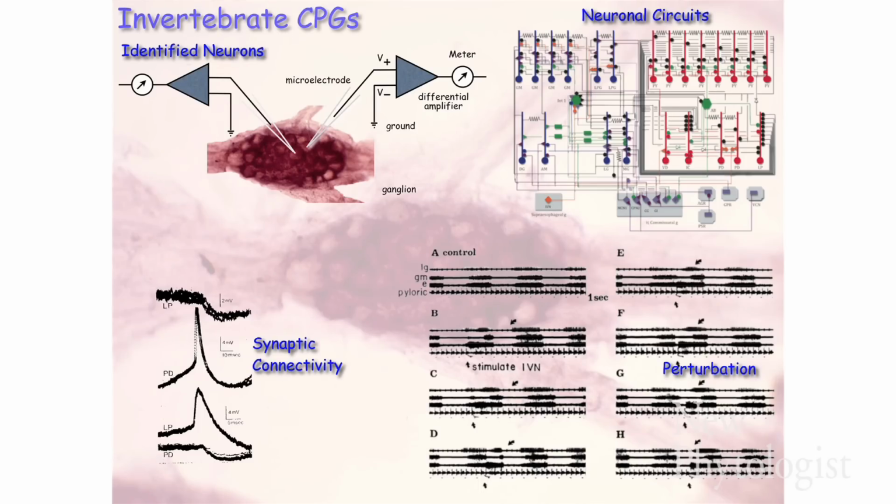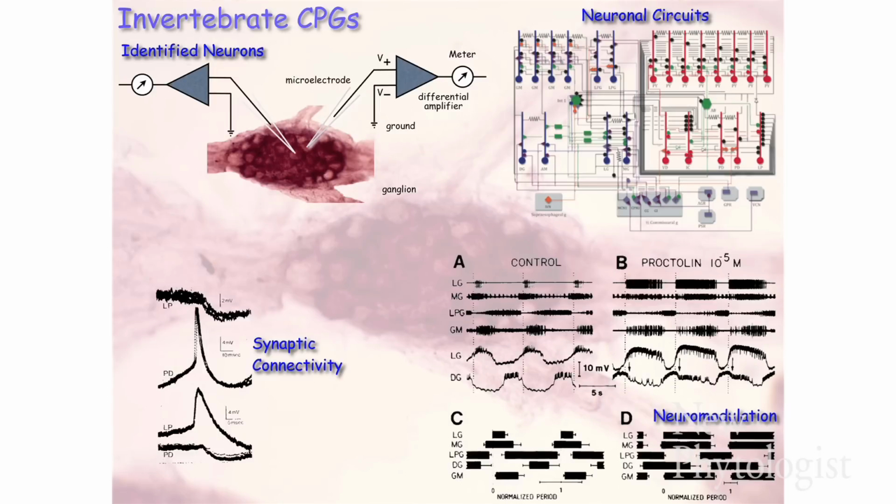Now, we are able to do multiple intracellular recordings from these neurons, do ionic substitutions, do perturbation experiments where we stimulate with inputs at different phases in the rhythm, and finally do experiments with what are called neuromodulators. And right now there are about 130 known compounds which not only alter the properties of individual neurons, they alter the connections between the neurons.